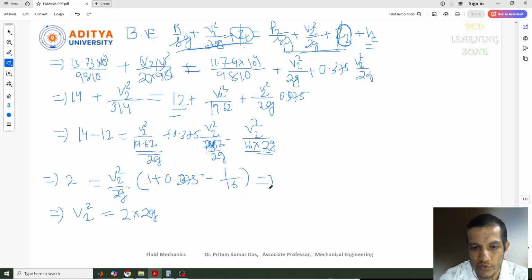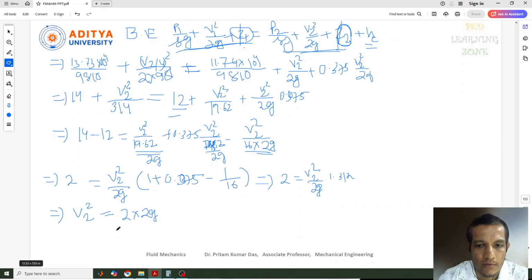So let's write one more step here. This is V2 square by 2G into 1.312. Now these things we can take to this side so that it will be divided here. So the same thing, we are supposed to calculate the V2 value.